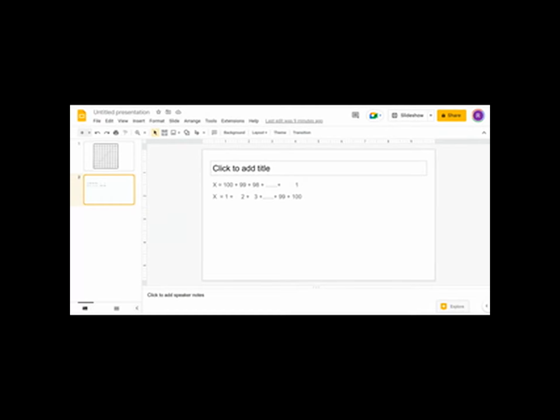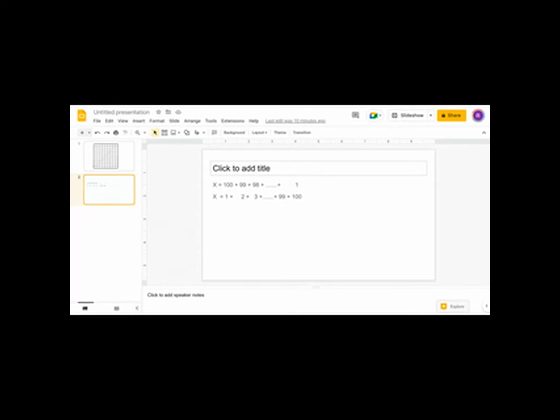So what happens when you add up each of these pairs? In the first column it is 100 and 1. Second column is 99 and 2. Third column it is 98 and 3. What happens when you add them up, each of these pairs? 101, sir. Is it going to be 101 in every column if you add them up?